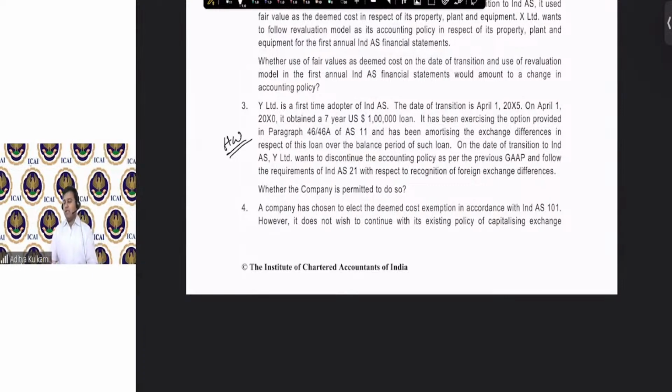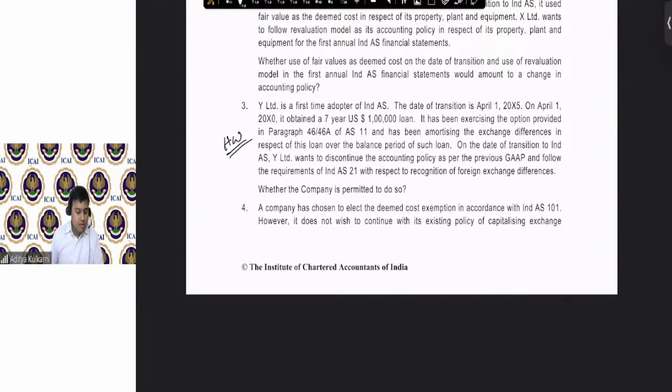Illustration 12, 13, and question 3, they are all dealing with FCMI TDL. Read very carefully. The questions are all similar, but they are not. If you read the language, you may feel all the questions are the same, sir, but that's not so. Read the question once, twice, thrice, and try to do it. I will definitely run you through those questions on Saturday, but if you do it, it will be helpful to you.